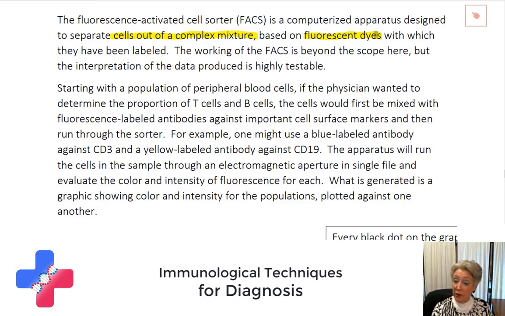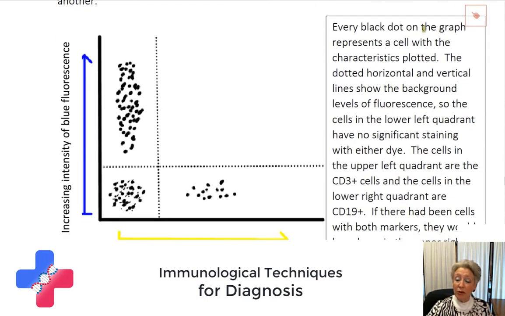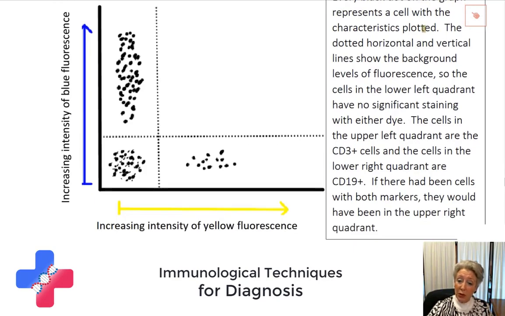Or do they have them very brightly, or do they have them very beneath the level of the background noise of fluorescence? So if you look at what will come out of the machine, it will give you a graphic, and it will tell you what it is plotting against what.